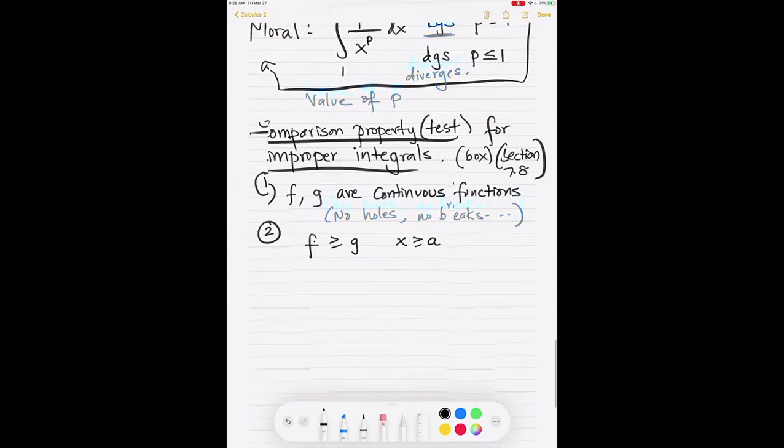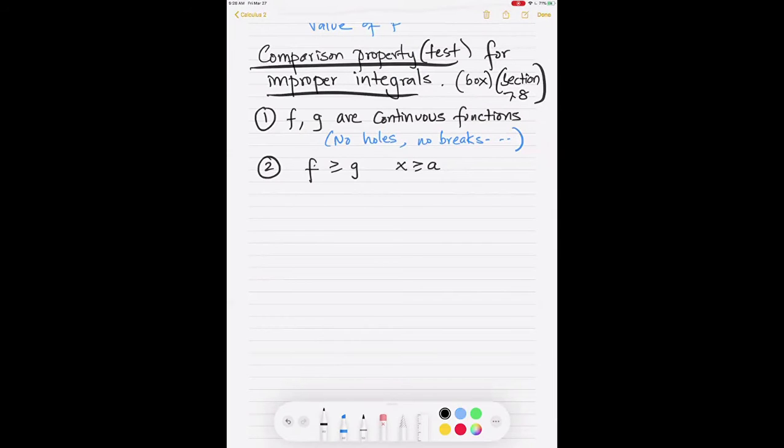So here we go. I'm going to draw pictures. Remember, they are both continuous functions. So here is f, and I'm going to label it. And here is g.